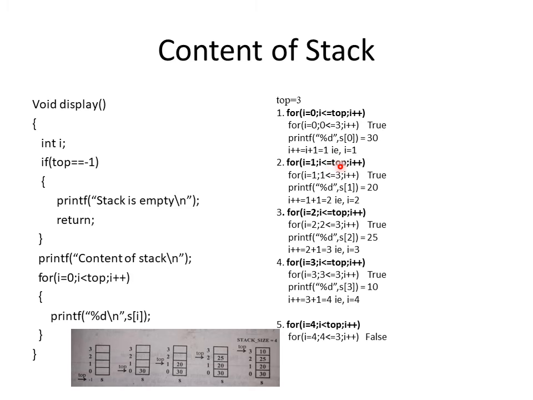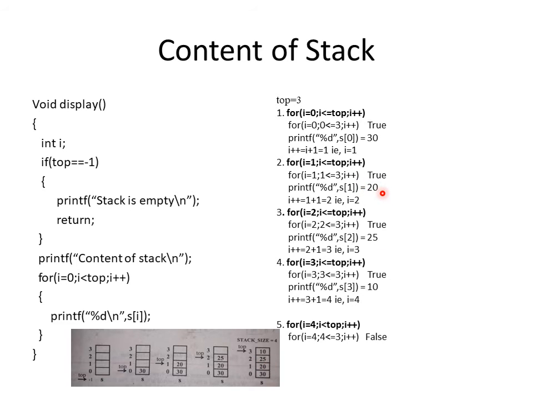I equals 1, 1 is less than or equal to 3, the condition once again is true. Then it is printing S of 1. Here the value in the array at 1 is 20. Therefore, it is printing 20.